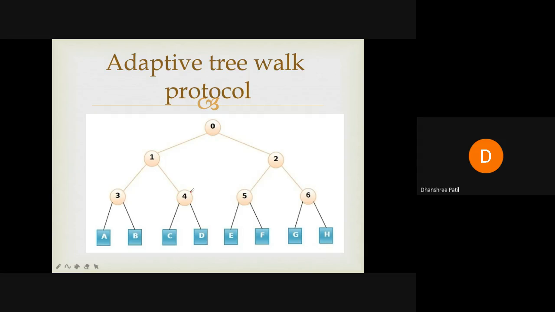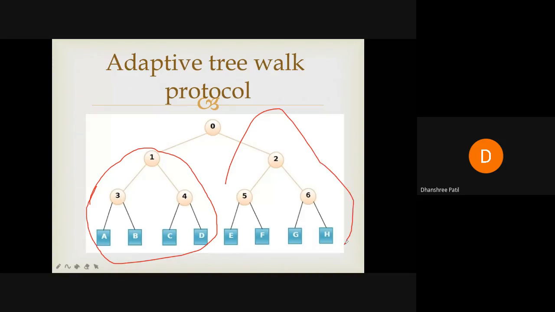Now how are the groups made? For example, stations A to H all want to access only one channel. The first group is made of A, B, C, D, and the second group will be made of E, F, G, H. So these will be the two groups initially.